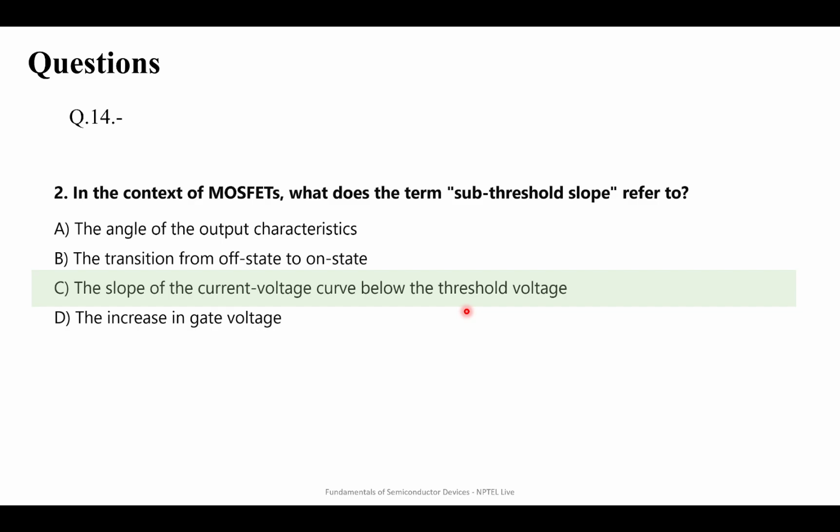So if you plot your ID versus VGS, at VGS below VT you will see that it's not immediately zero. The current does not become zero immediately.